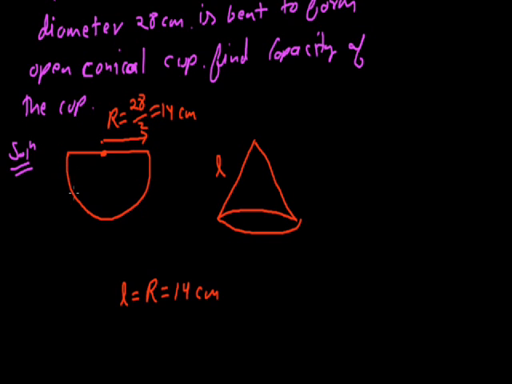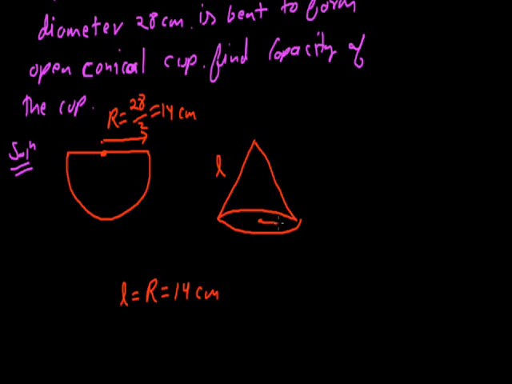Now this curved part of the semicircular sheet acts as the circumference of the base of the cone. So this length of the semicircular sheet is equal to the circumference of the base of the cone.